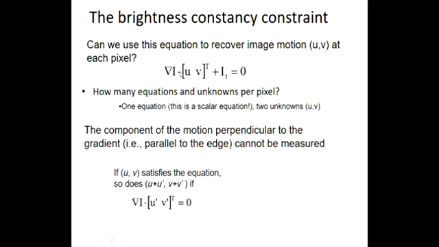So if the correct value is (u, v), but I add any (u prime, v prime) in the direction perpendicular to the gradient, it's still going to satisfy this constraint, right? And so I'm not going to be able to estimate it yet.